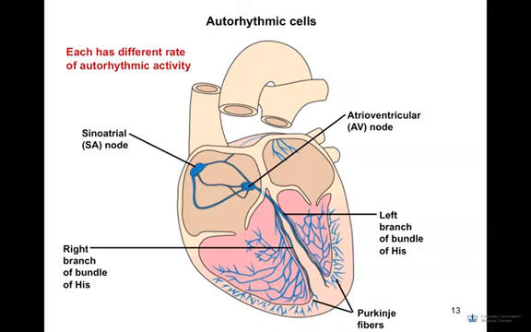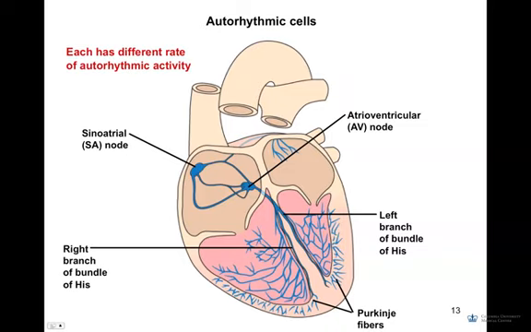So there's a collection of autorhythmic cells at what's called the sinoatrial node, or the SA node. This is located within the right atrium, close to where the blood enters from the superior vena cava. So that's the SA node.